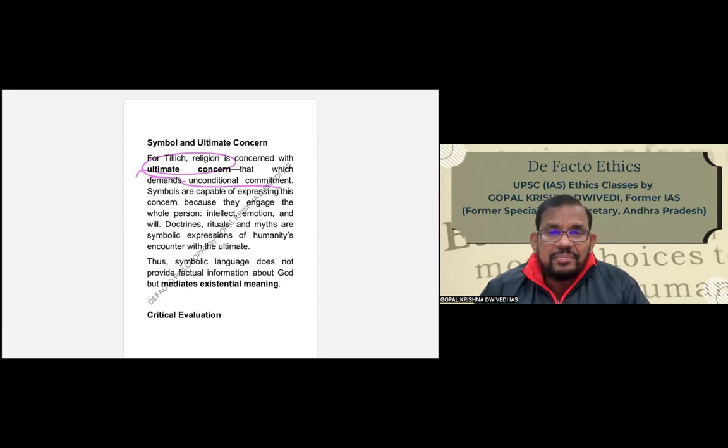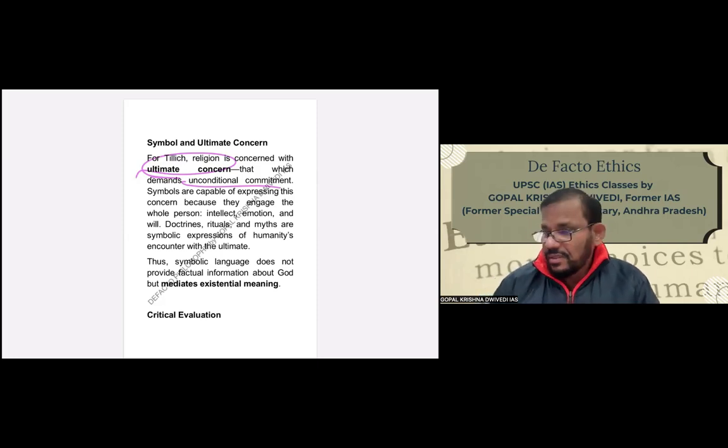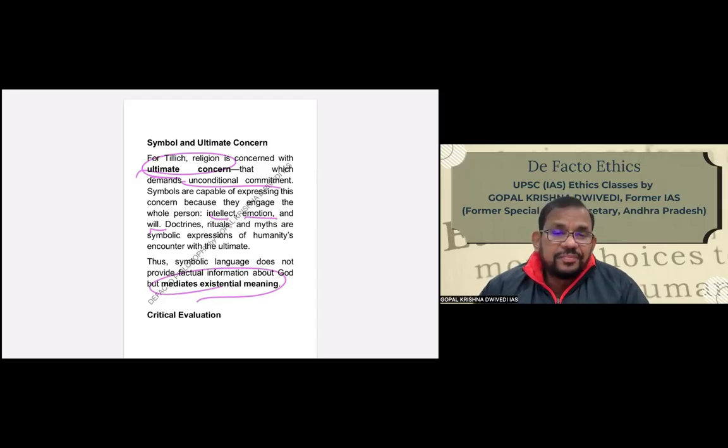So symbols are capable of expressing this concern because they engage the whole person: intellect, emotion, and will. Doctrines, rituals, and myths are symbolic expressions of humanity's encounter with the ultimate. Thus, symbolic language does not provide factual information about God, but mediates existential meaning. This is his view.